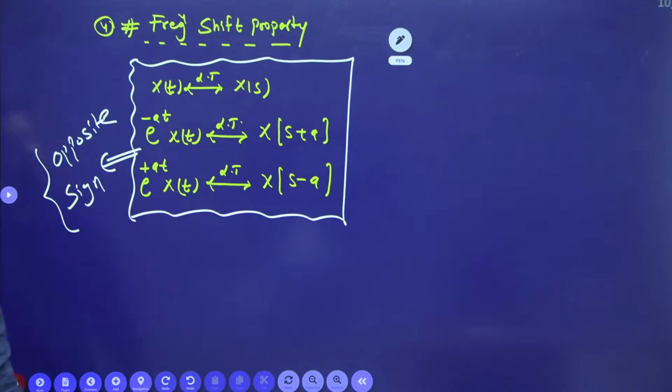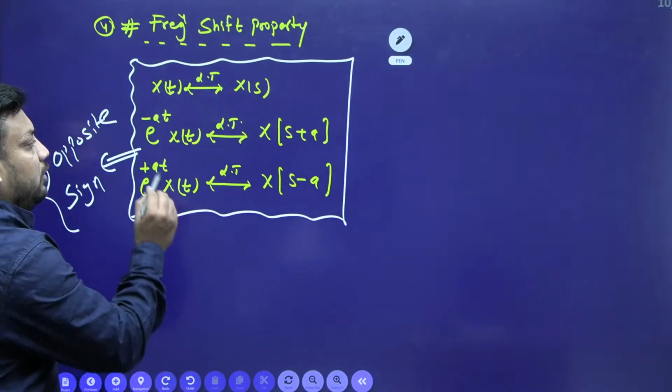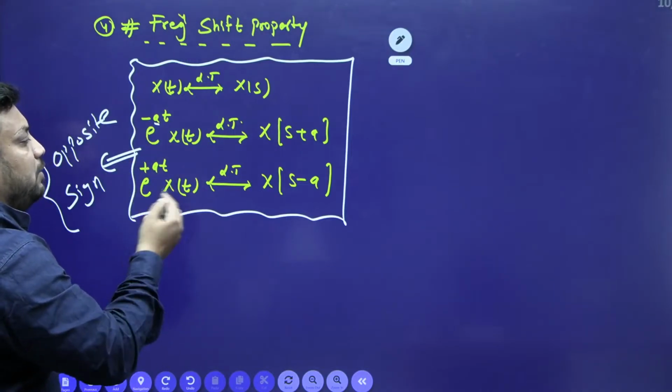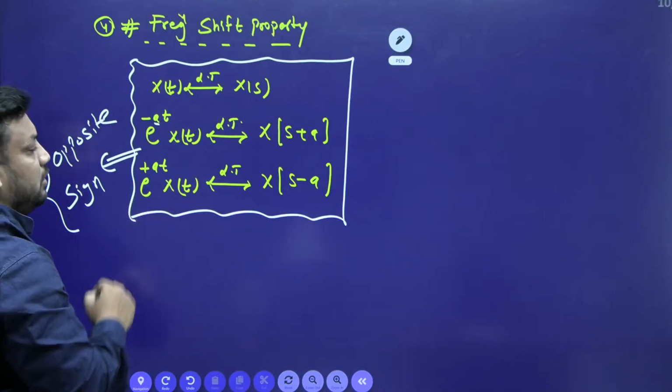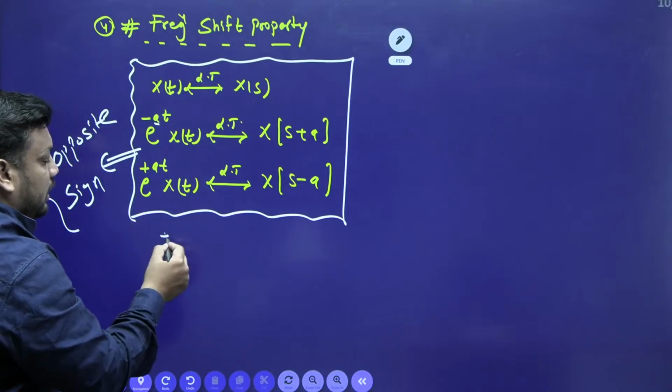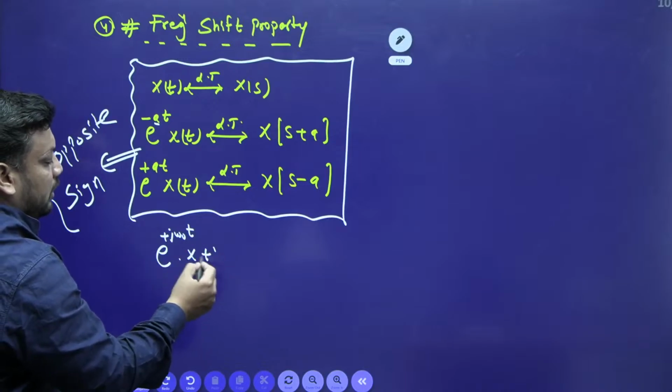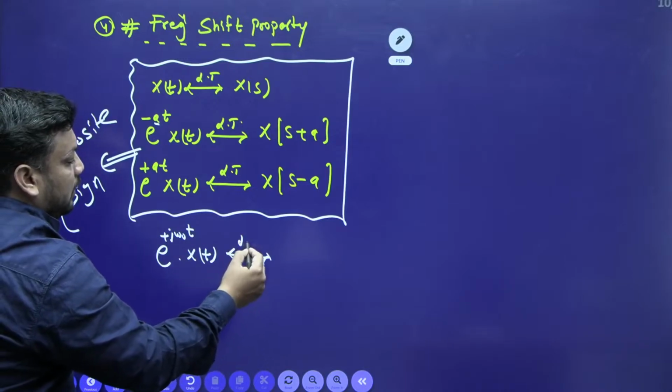I hope it is clear to you. Frequency shifting always carries opposite sign. However, here I am taking the real value. It can be real plus imaginary also, or only imaginary also. Like that, I can also write e to the power plus j omega 0 t into x of t. Then what is its Laplace transform?